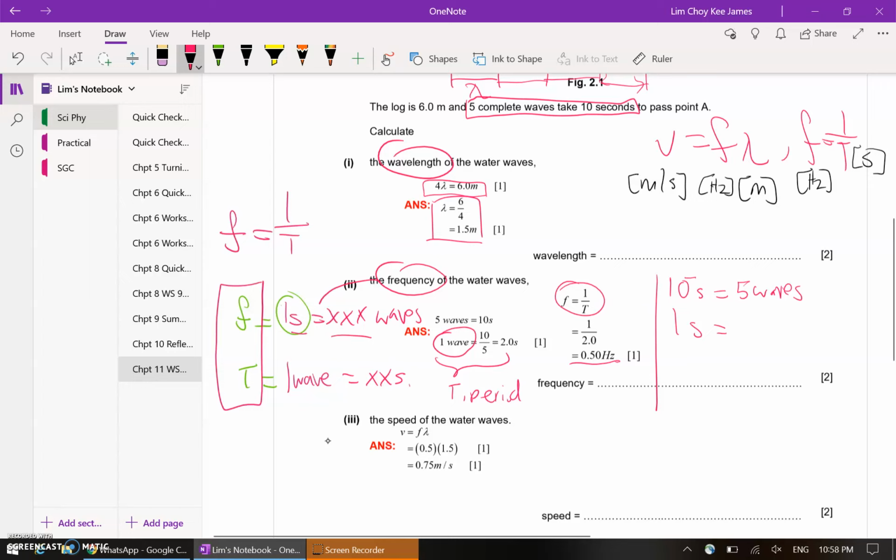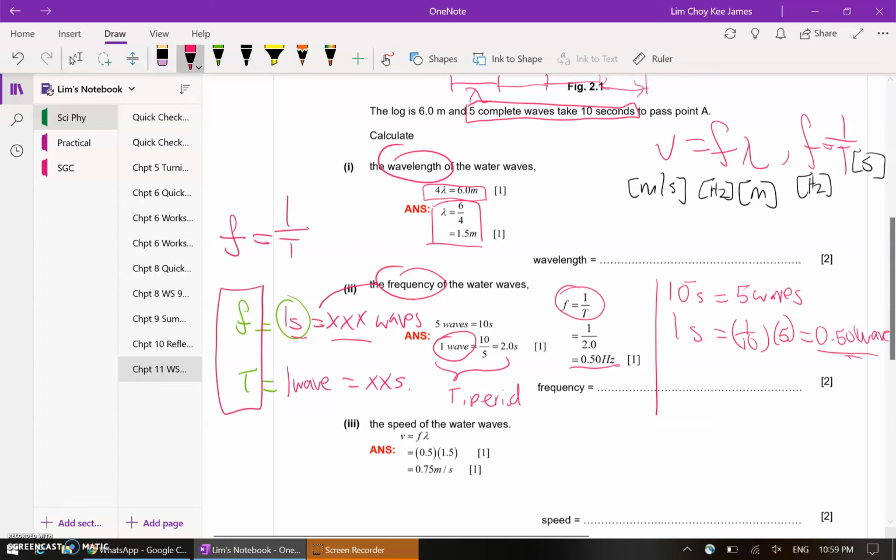If you understand the definition of frequency, you will know that it's just a simple proportion question. 10 seconds, 5 waves. 1 second, how many waves? It will be 1 over 10 multiplied by 5, and you still get the same answer, 0.50 waves. Since 1 second takes 0.5 wave, this will be my frequency, which is 0.5 hertz.